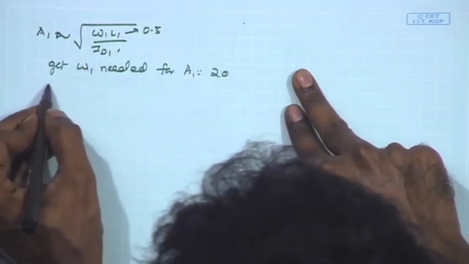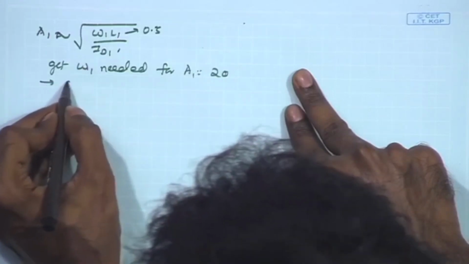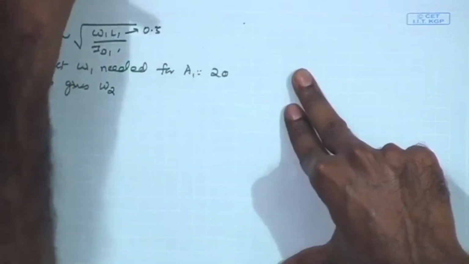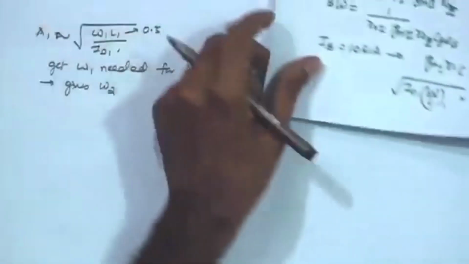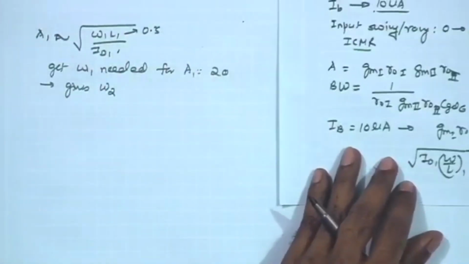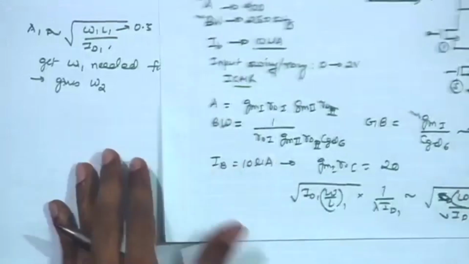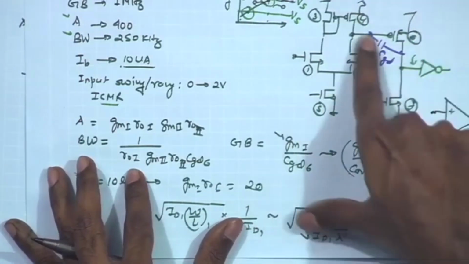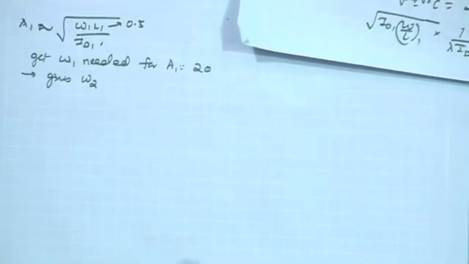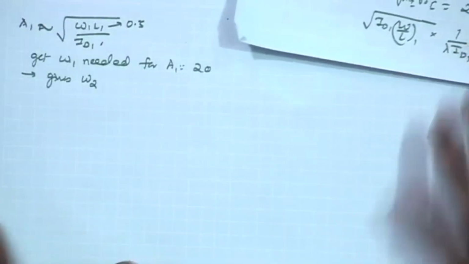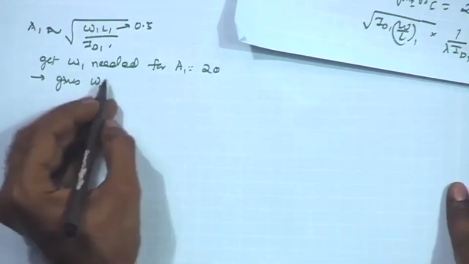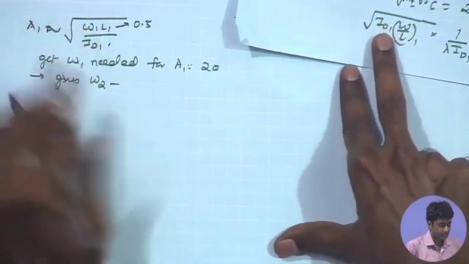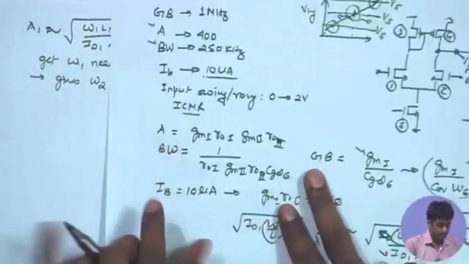This also gives the W2 for the input stage of the second stage, and it also gives the W of M6, because the GMs are taken to be almost similar. So, it also gives me the W2 of M6, and I have the L of M6 taken as the same value. So, I have the W2 determined, and corresponding to that I have the bandwidth determined by the equation over here.